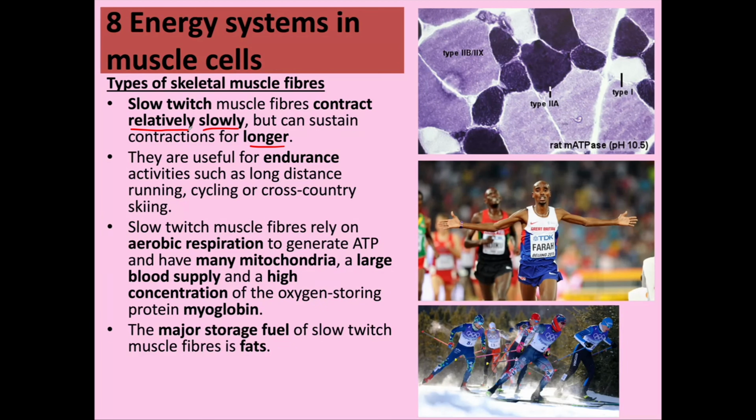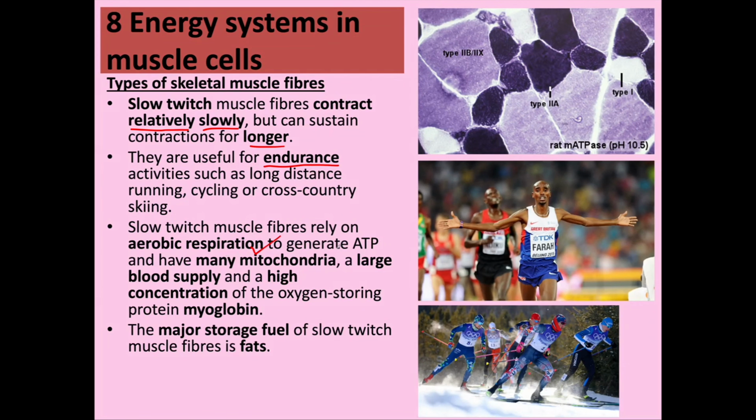But the good thing about the slow twitch muscle fibers is they can sustain contractions for longer. What that means then is that they are useful for endurance activities, things such as long distance running, cycling, or cross-country skiing. And we can see a couple of examples of some athletes here in both of those disciplines. Now, slow twitch muscle fibers rely on aerobic respiration.